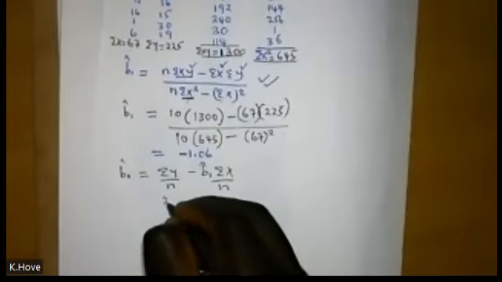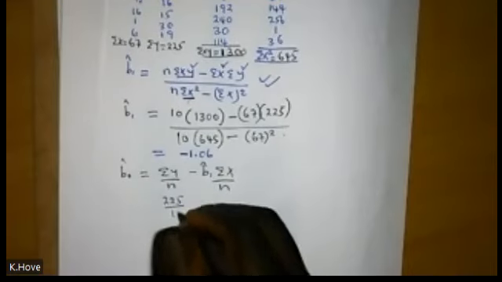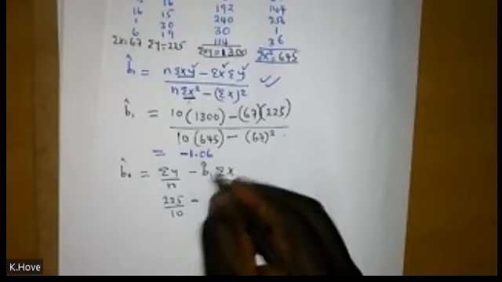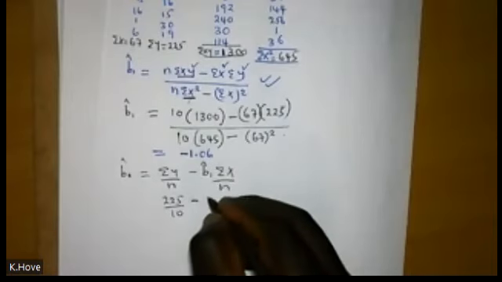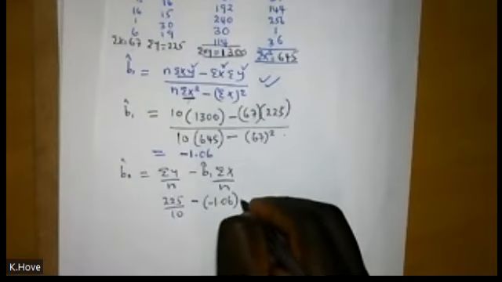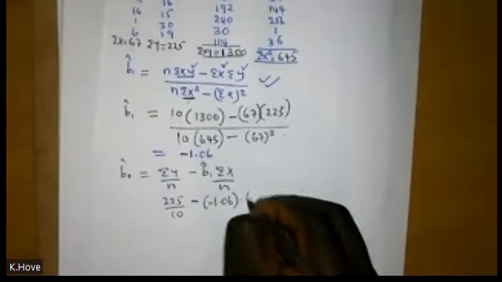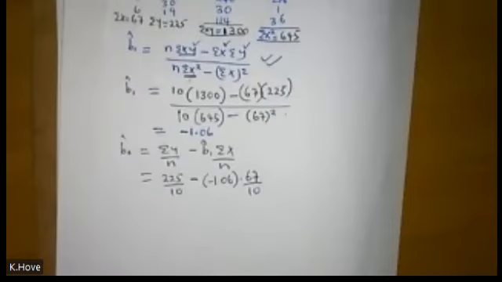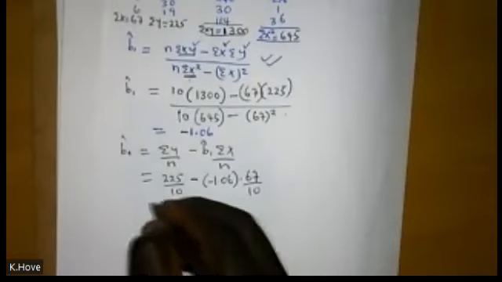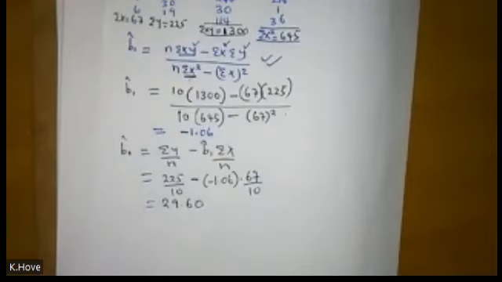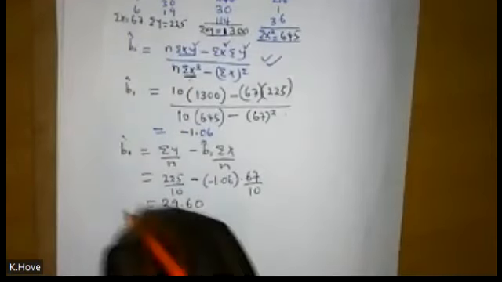It's 225 divided by 10 minus, now our beta, you see this is the value that we found, so that will be minus 1.06. Summation of x is 67 divided by 10. Now, if we calculate this, we are going to get 29.60.